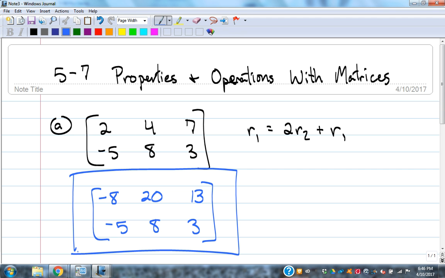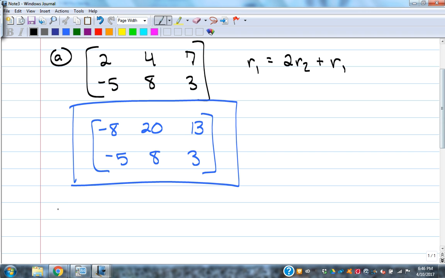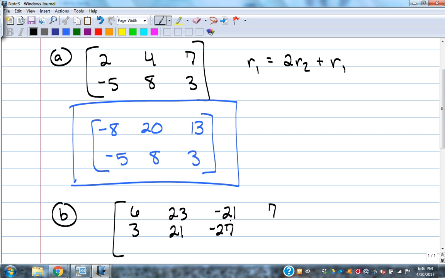No more complicated than that, really. They don't get too crazy. Even on like a 3 variable system or a 3 by 4 matrix. Maybe you got 6, 23, negative 21, 7, 3, 21, negative 27, 12.